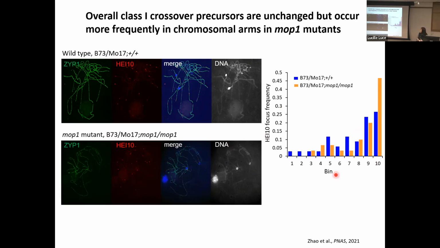So overall, this data suggests that the crossovers are overall unchanged, but occurred more frequently in the distal end of the chromosome. The crossover events are just redistributed in the mutant: increased in the arms and decreased in the pericentromeric regions. This is pretty similar to research on the MET1 mutant in Arabidopsis.